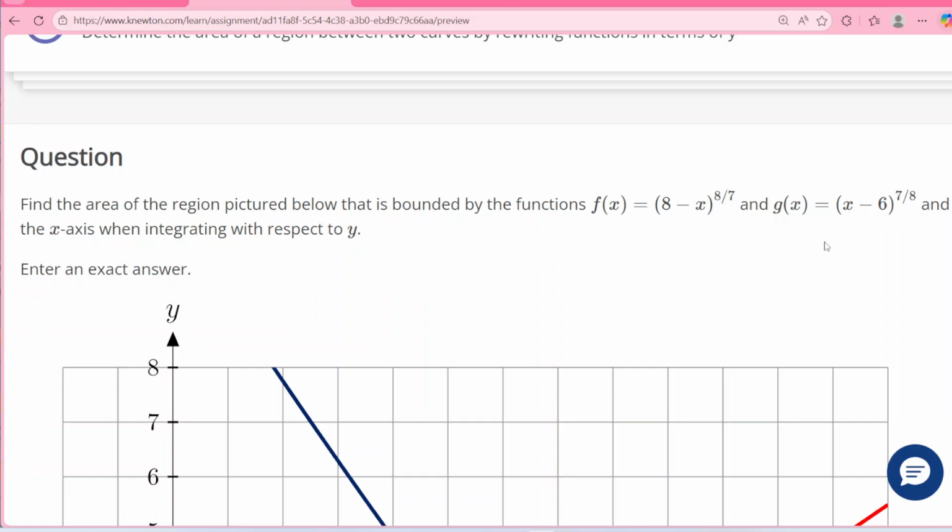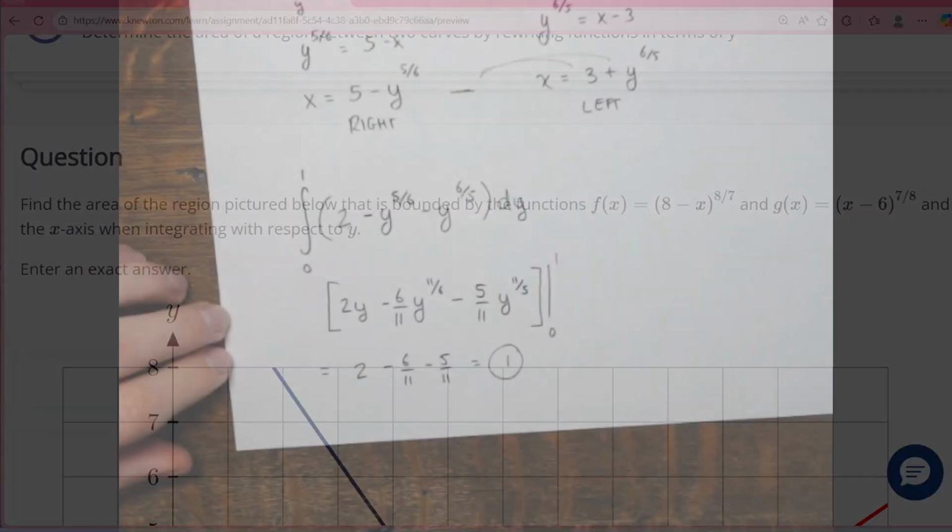I subtract those, and you would get 2 minus y to the 7/8 minus y to the 8/7. I think that there's going to be 1 again. Let me write it out just to be doubly sure.